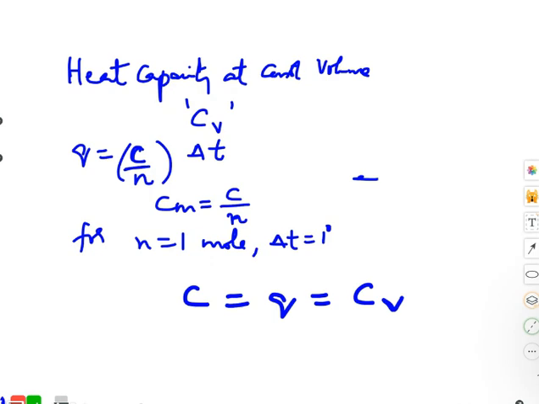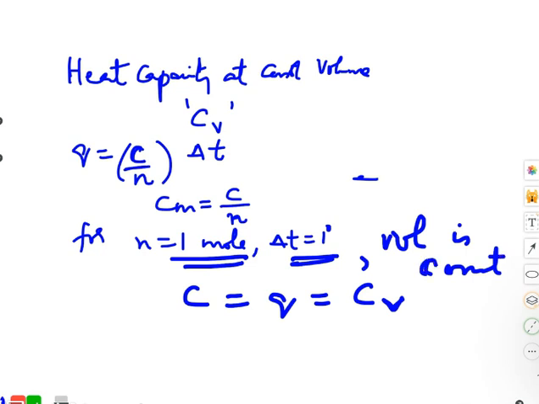Your amount of heat required to raise the temperature of 1 mole of a gas by 1 degree when the volume of the gas is kept constant. Understood? Yes, sir.